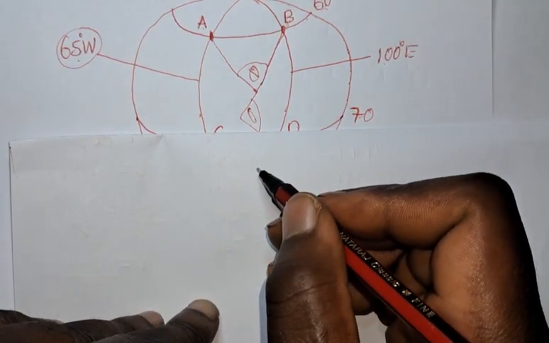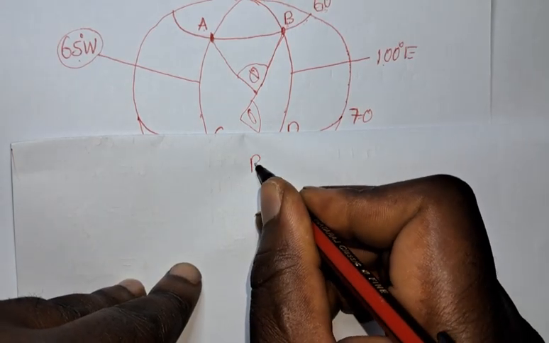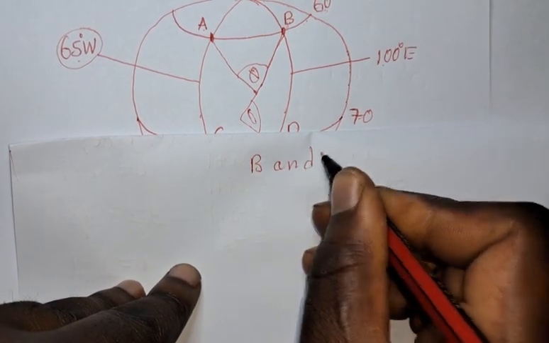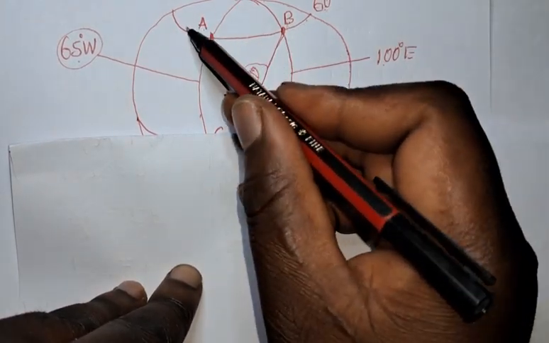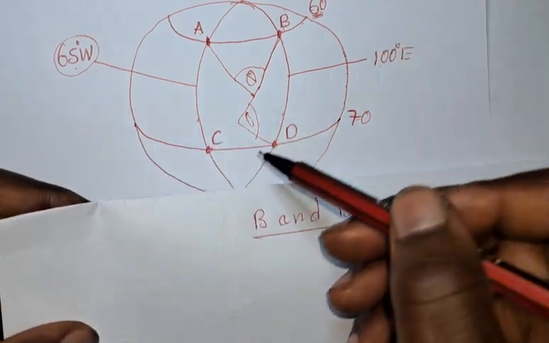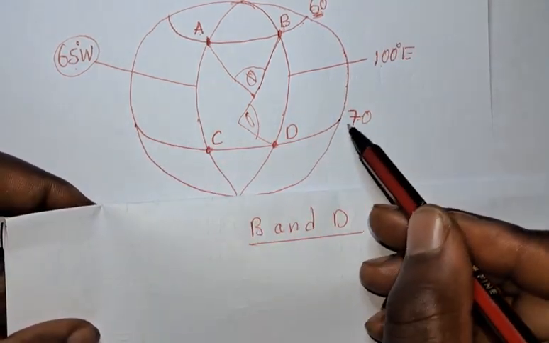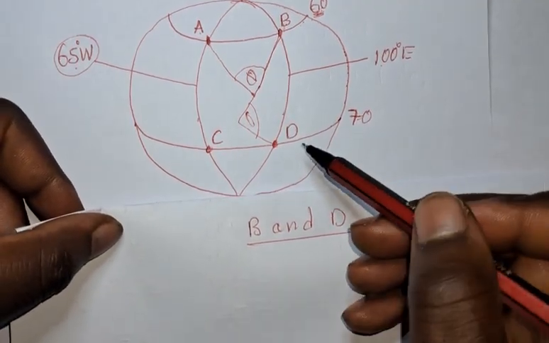So for the angle difference between B and D, all you should do is consider the latitude passing at point B and the other latitude passing at point D. This is the angle difference in terms of longitude.